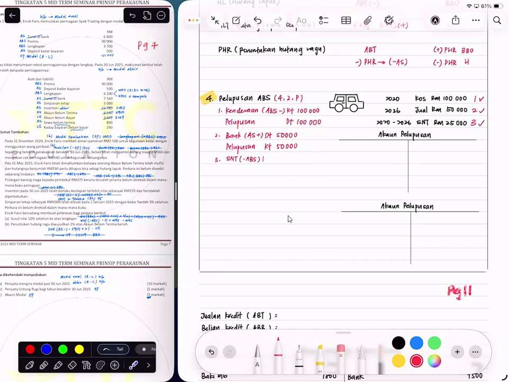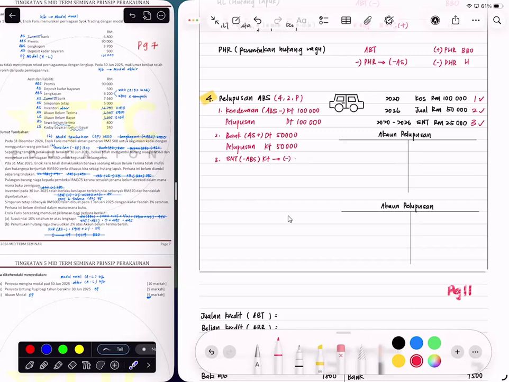So by right, we should credit it. But when I want to clear the value, that means you need to make the value become 0. If I want to make any figure become 0, I need to add or minus. Logical thinking question. Minus. And when minus, we need to move to another side, right?